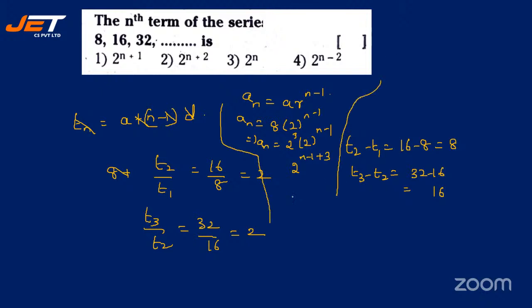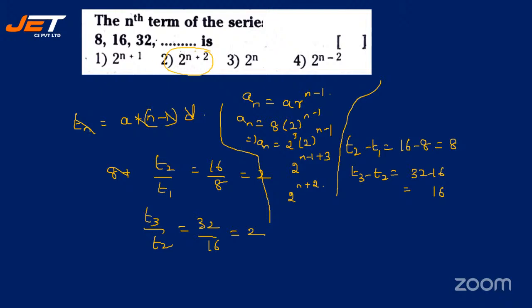So 2 to the power n. 3 plus 3 minus 1 is plus 2, right? So it is 2 to the power n plus 2. So your answer must be option 2. So if you had opted for option 2 as your answer, then it is correct.